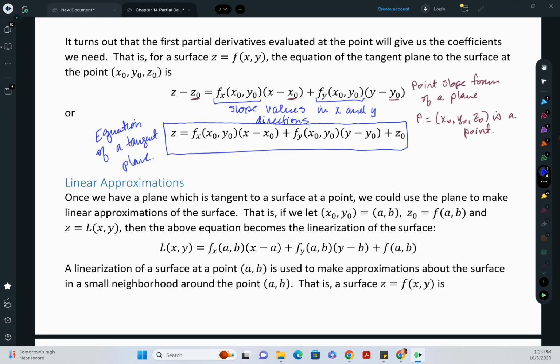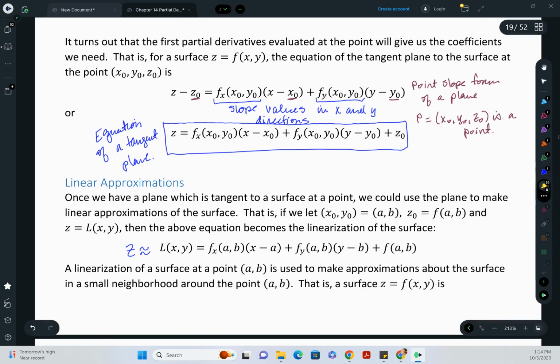So this linearization function is what we call the linear approximation. So what we say is that z, our original surface, is approximately this linearization function.